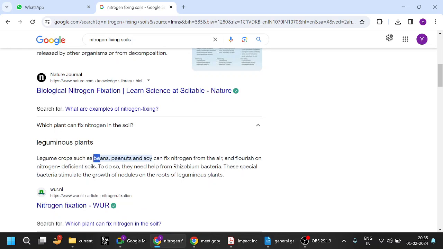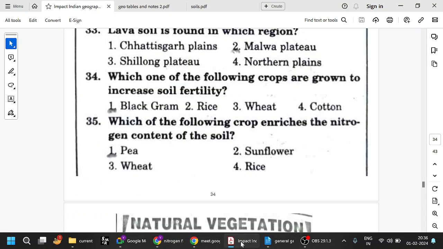Beans, peanuts, and soya can fix nitrogen from air. So remember this, very important. Beans, peanuts, and soya. Majorly groundnuts. Groundnut is the plant that is usually grown after the crop cycle of rice or anything, because it is very good at nitrogen fixing. So leguminous plants such as beans, peanuts, and soya are very good for nitrogen fixing. Black gram is also a leguminous plant.